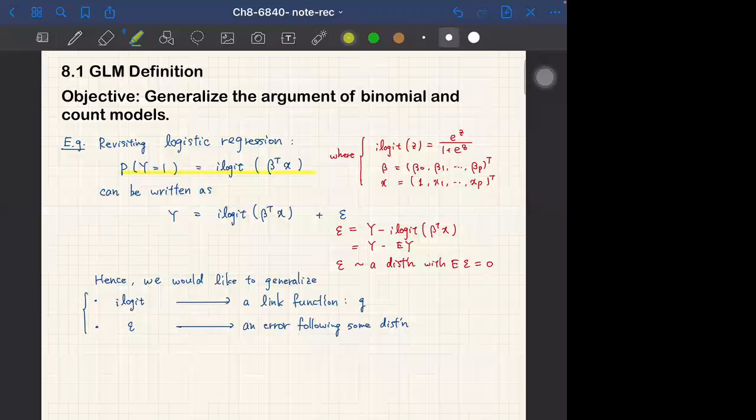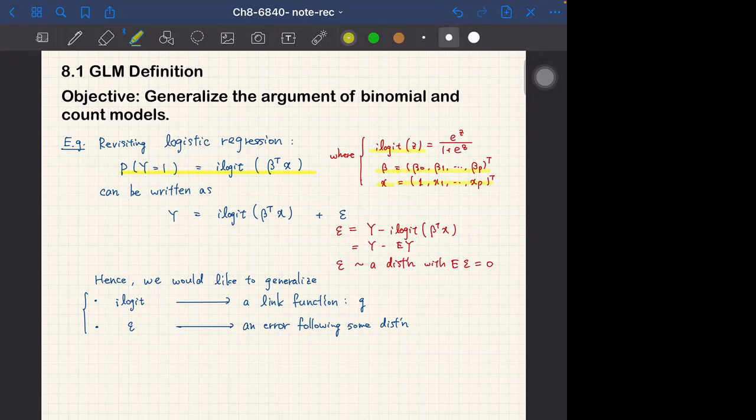Beta transposed x is the linear combination of intercept and x1 to xp, the predictors. T is the transpose, and beta is just a vector of beta naught to beta p. And the inverse logit function is e to the power z divided by 1 plus e to the power z.